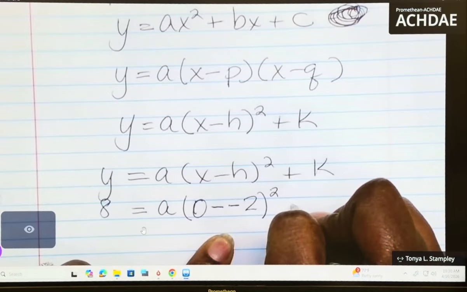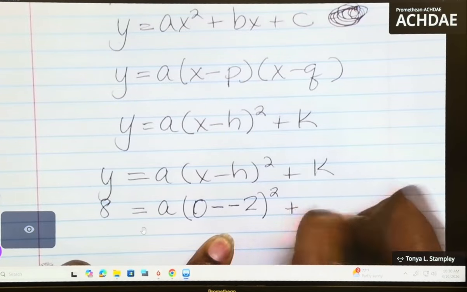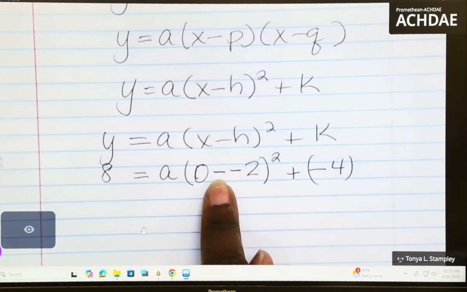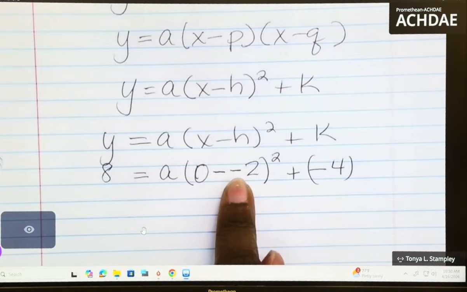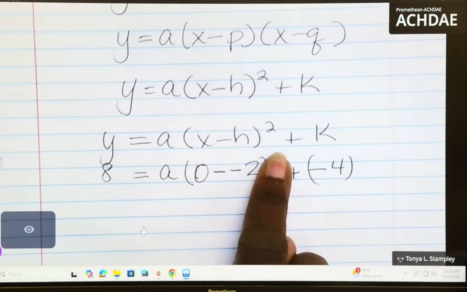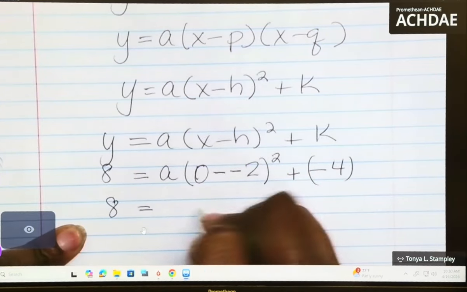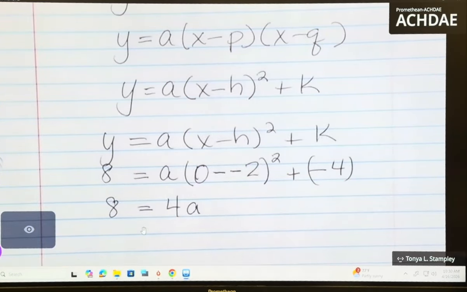Squared plus -4, right? All right, so what are we going to do first? Parentheses, right? So 0 minus -2 is really 0 plus 2, which is really 2. And then 2 squared is going to give us what? 4. So we're going to have 8 equals 4a.